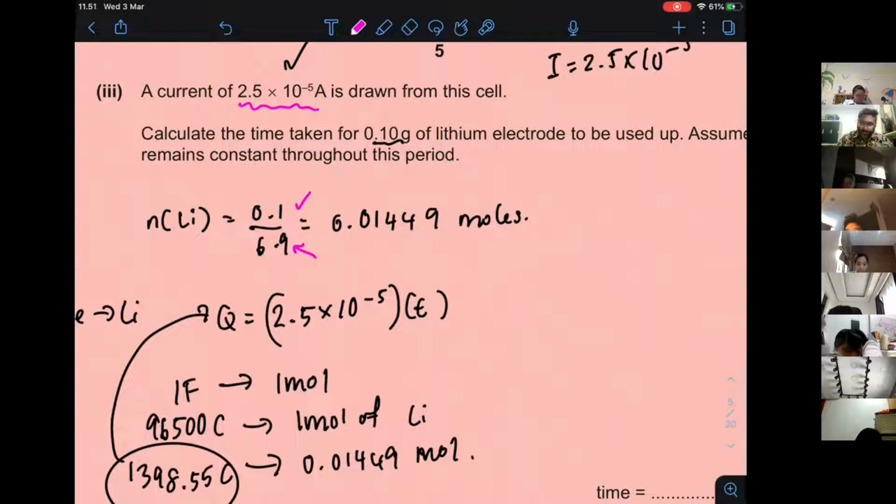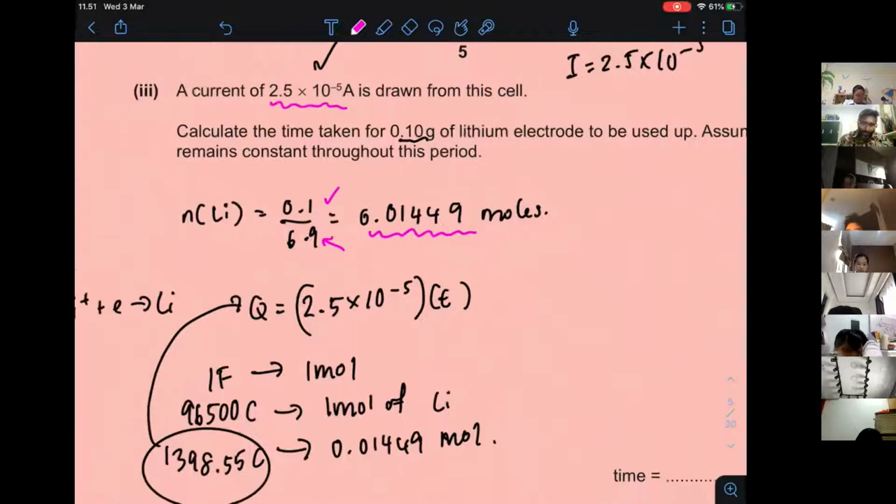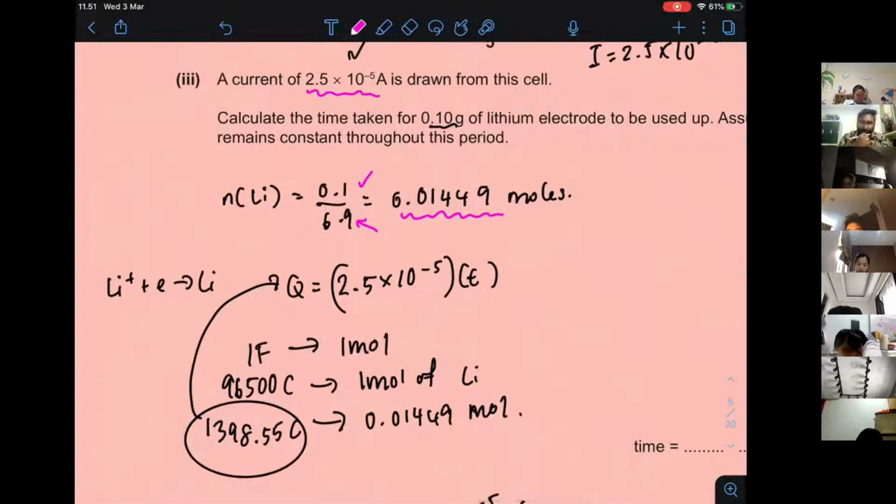Okay, you will get this number of moles. And then, okay, when you look at the charge, okay, Q equals to IT. Okay, so you just put, okay, the current with the time in seconds. Okay, that's going to be the charge. Okay, that is going to give you 0.1 gram of lithium.